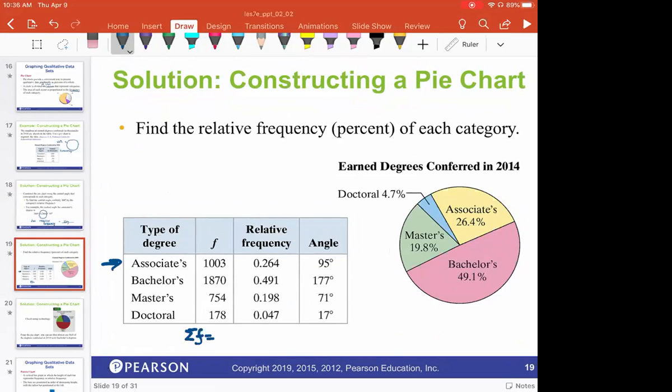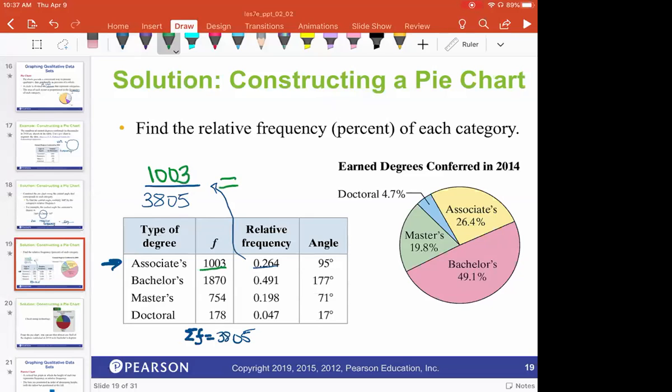1,003 plus 1,870 plus 754 plus 178. That's 3,805. Now to find this relative frequency, I'm going to take my sum of 3,805 and take my number that I have for a bachelor's, which is 1,003, and divide.